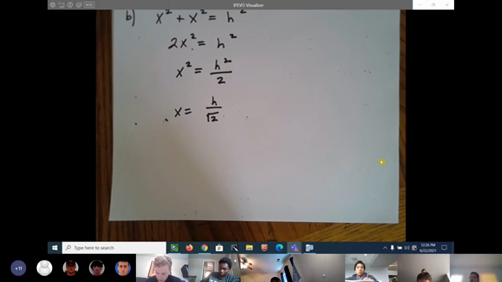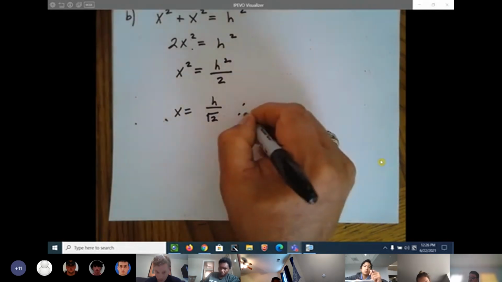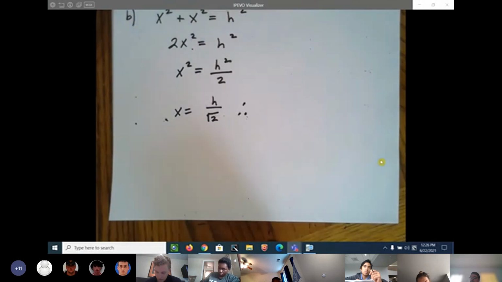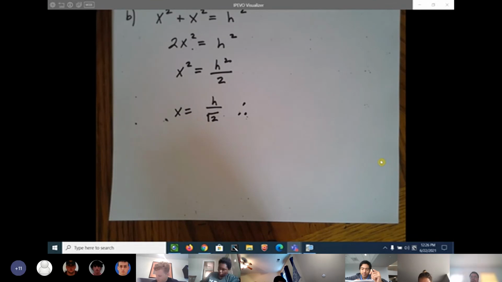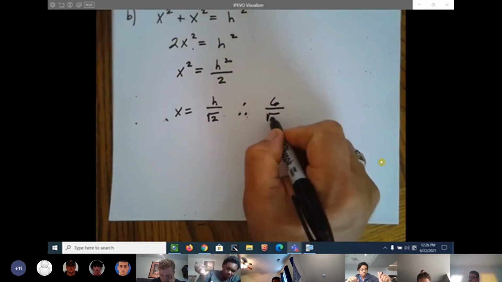What is the hypotenuse? According to the question, what is the hypotenuse? Six meters. So that's going to be 6 over the square root of 2.